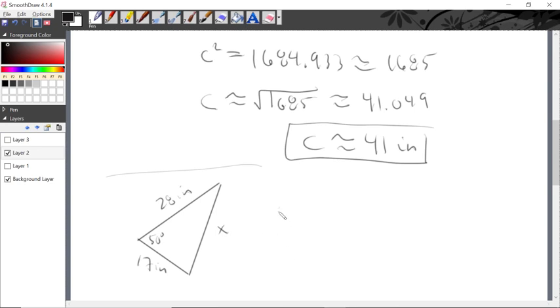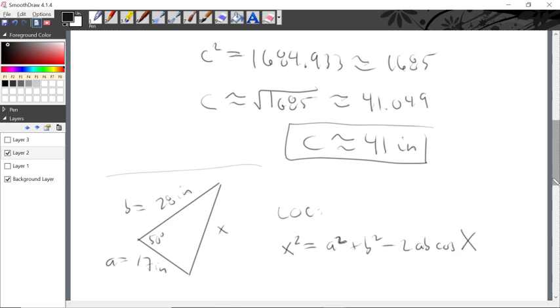Let's set up the law of cosines for, let's say, the variable x. Let's say this was a, this was b. So x squared is equal to a squared plus b squared minus 2ab times the cosine of angle x.